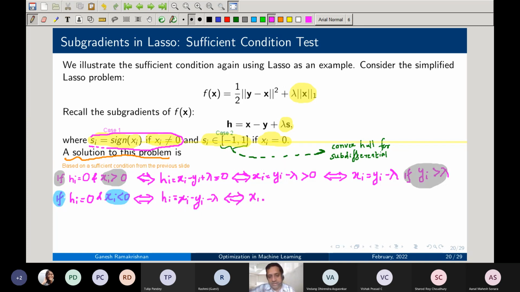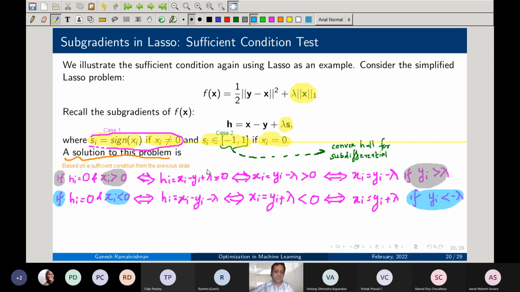So then we'll have xi equals yi plus lambda. The sign associated with lambda has got flipped. Now this has to be less than 0, if and only if xi is yi plus lambda, where the condition has become yi is less than minus lambda. So this is explaining case 1.